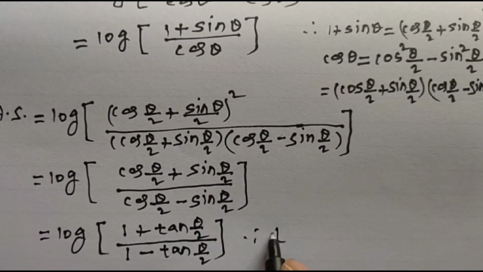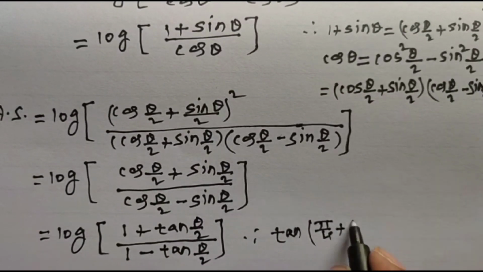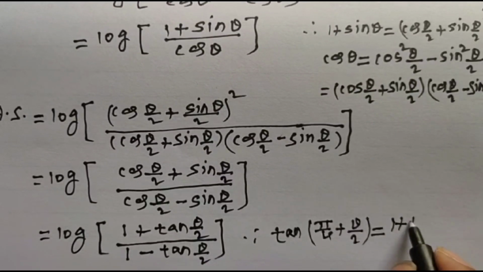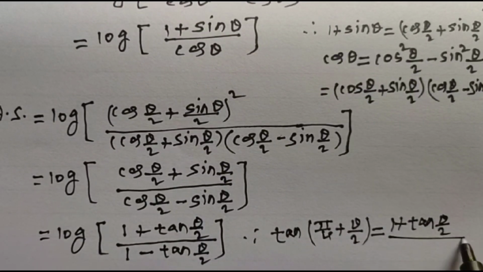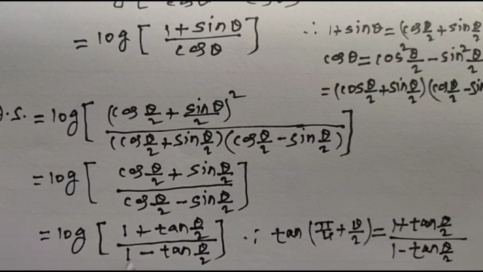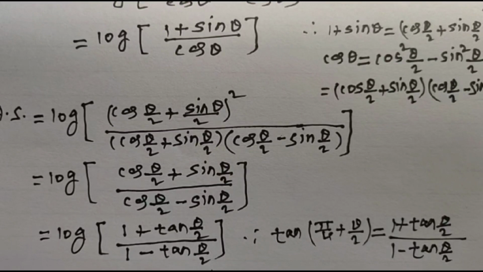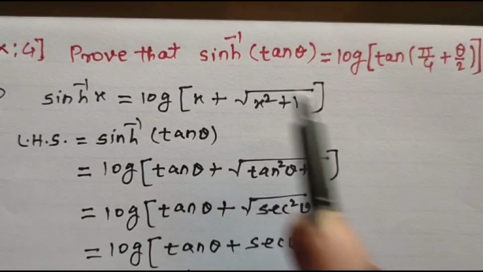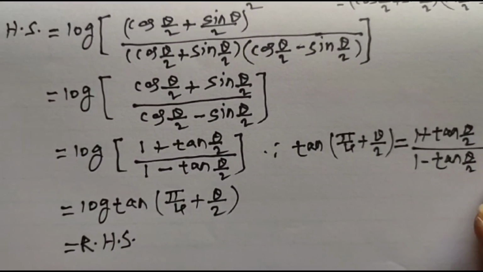But you know tan of (pi by 4 plus theta upon 2) is nothing but (1 plus tan theta upon 2) divided by (1 minus tan theta upon 2). So you can replace this by logarithm of tangent of (pi by 4 plus theta upon 2), and this is equal to the right hand side of the statement which we have to prove. You can check this is the left hand side and this is the right hand side. Hence this is the proof of this statement.